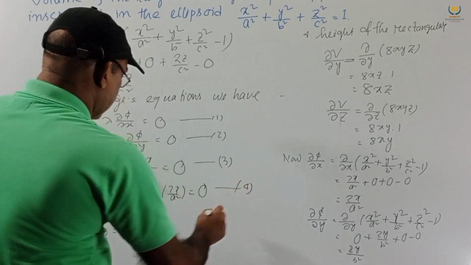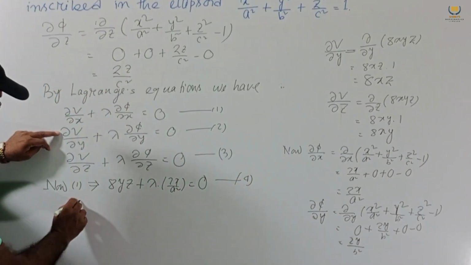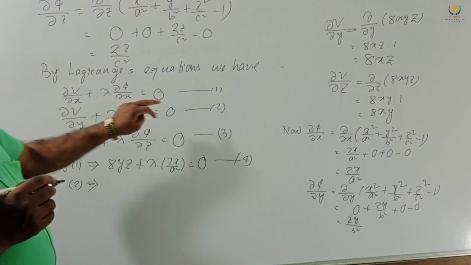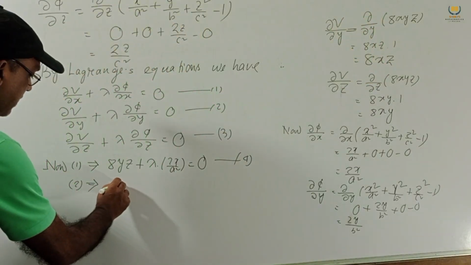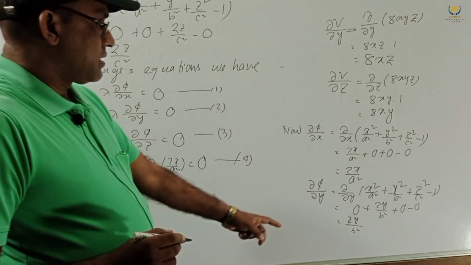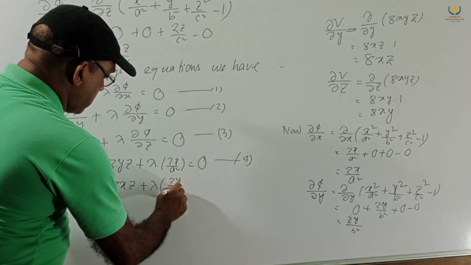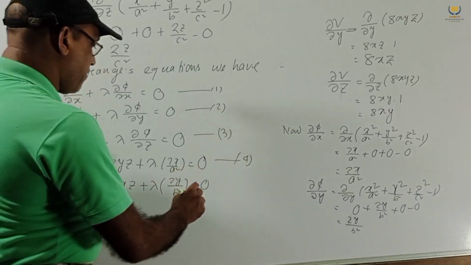Number 4 we get. 2 implies, putting the values in equation number 2, del v by del y is 8xz plus lambda, this is 2y by b square, equal to 0. Number 5.